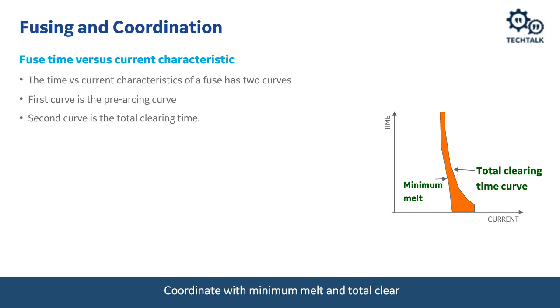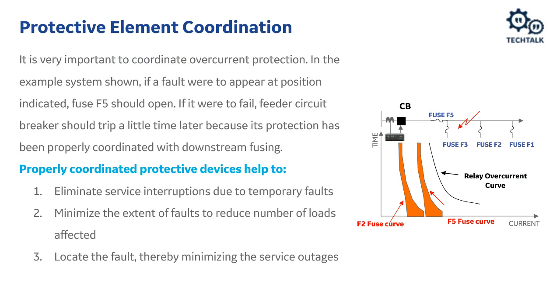To put this into perspective, look at this scheme where we've got a circuit breaker with a relay on it, so we've got a relay curve there, and then a couple of fuses downstream. We want to stack those fuses up so that I'm not going to start to melt fuse F5 before I totally clear the fuse at F2.